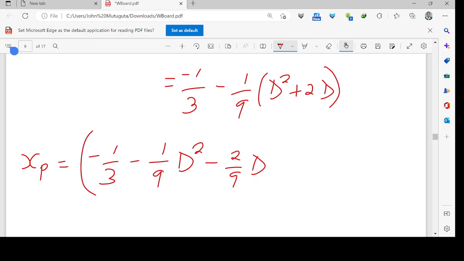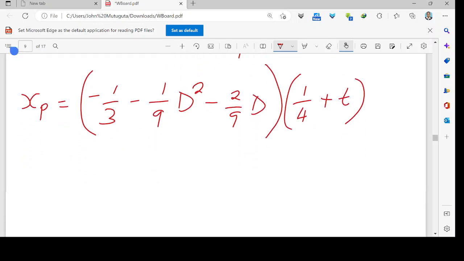And this operates on 1 over 4 plus t. And let's operate this. So we are going to get minus 1 over 3 operating on, multiplying 1 over 4 plus t.